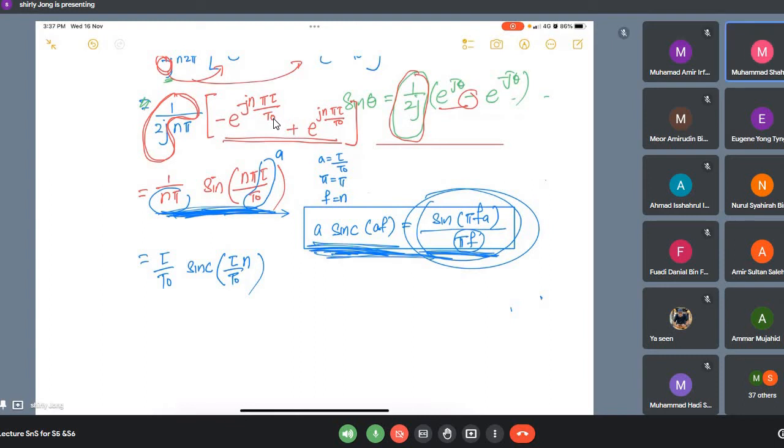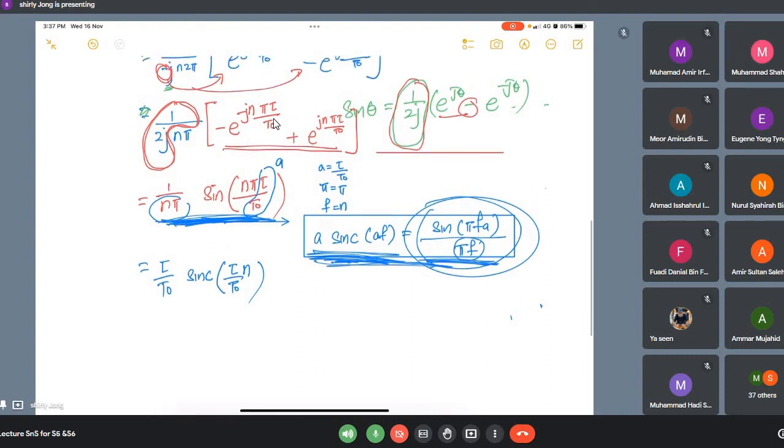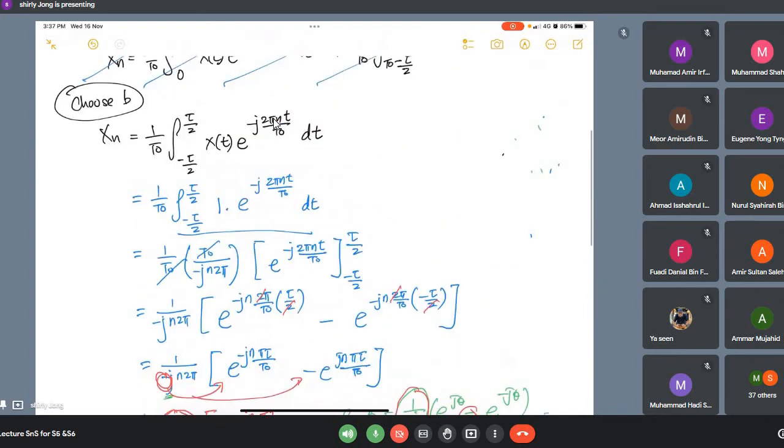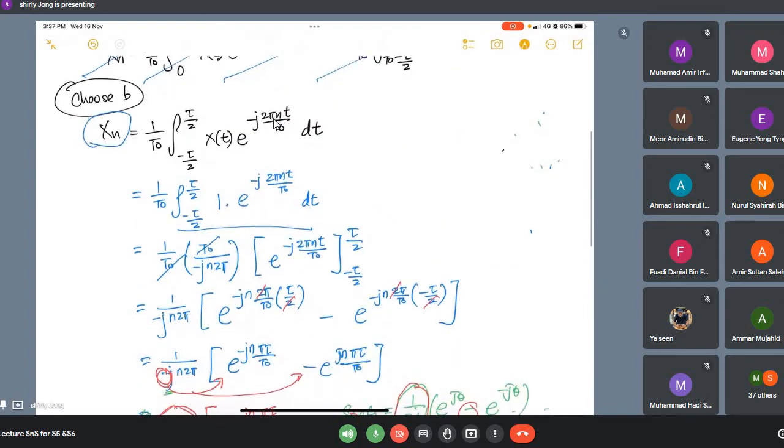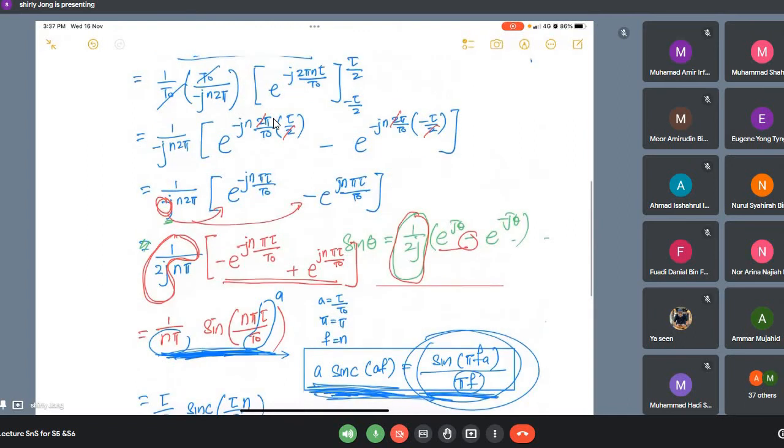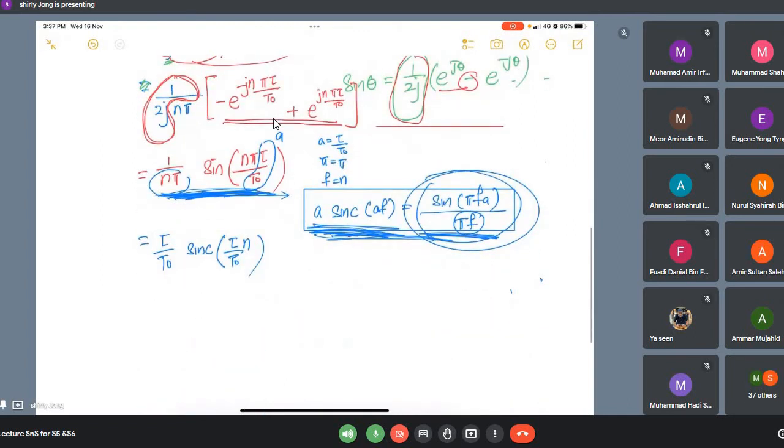Okay, so this is the answer for the xn. Based on this xn, you can substitute into the xt. xt is equal to the summation of n from minus infinity to infinity of xn exponent j n omega naught t.